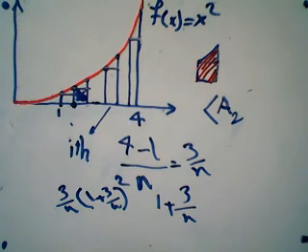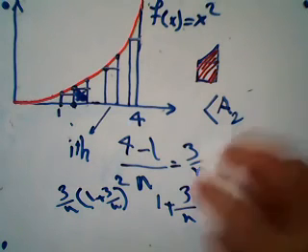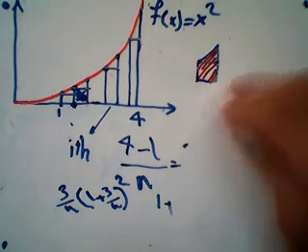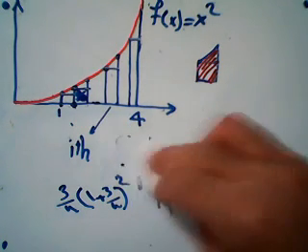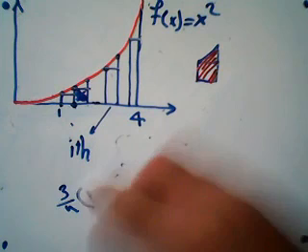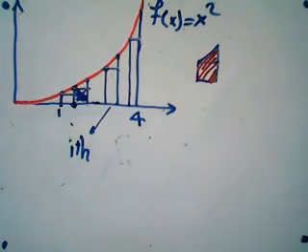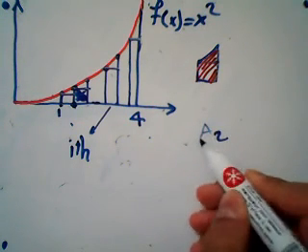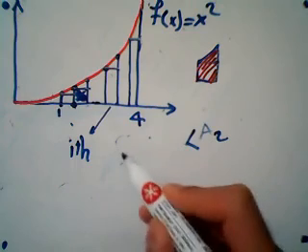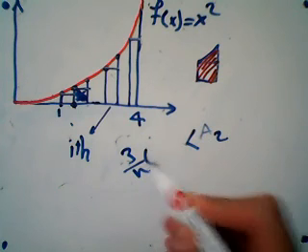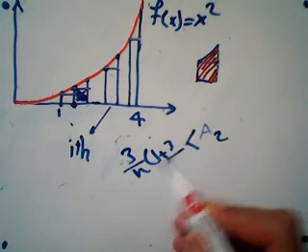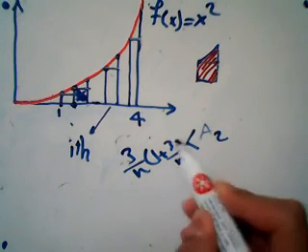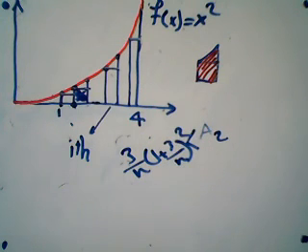So A2 is bigger than 3 over n times 1 plus 3 over n squared.